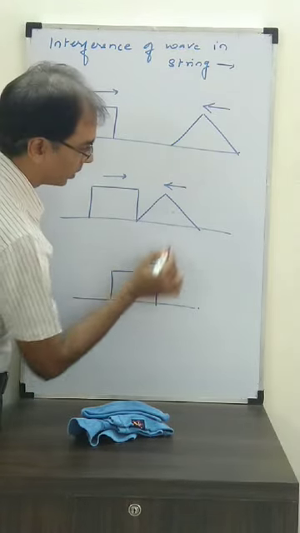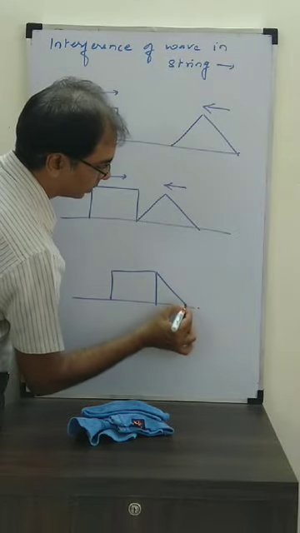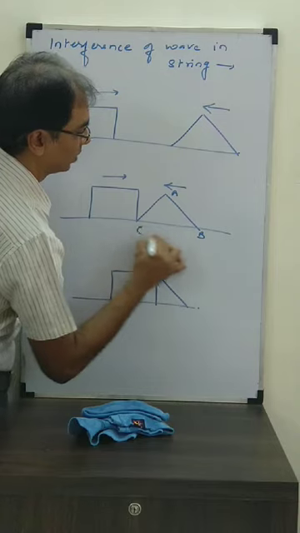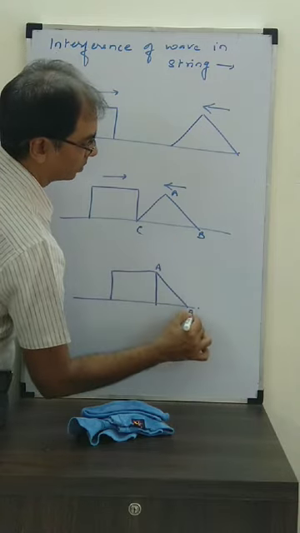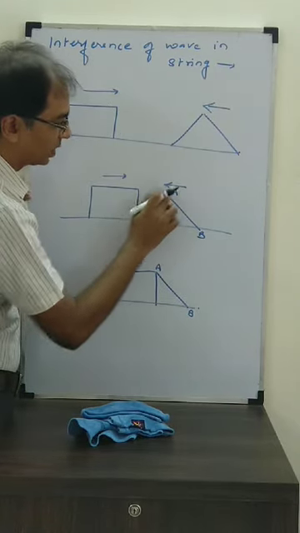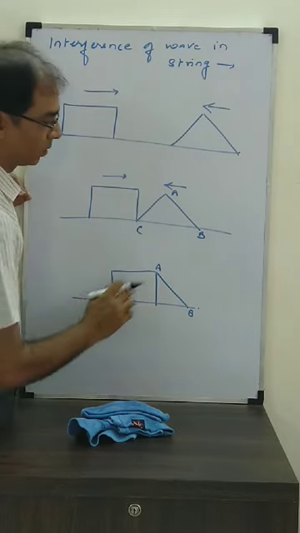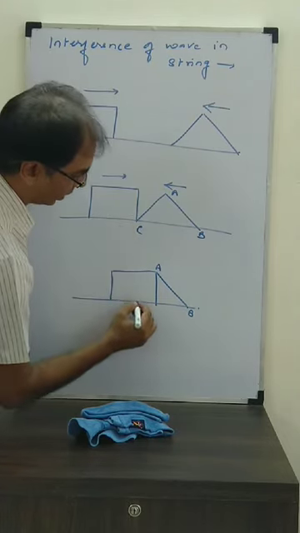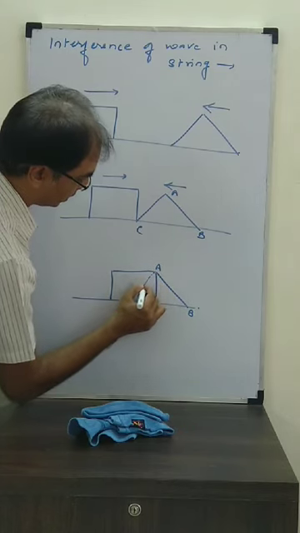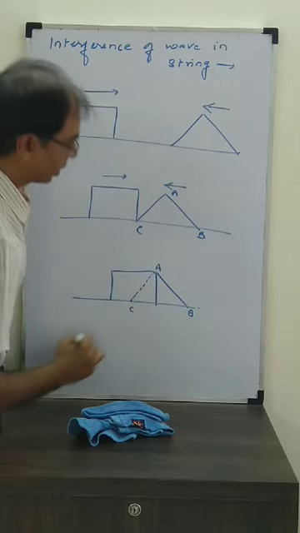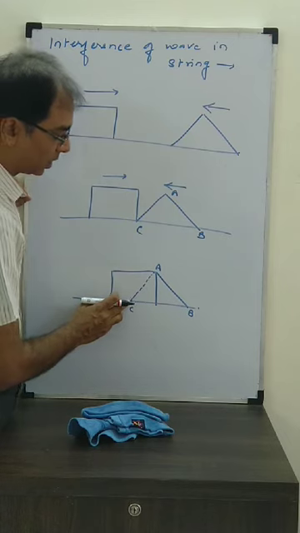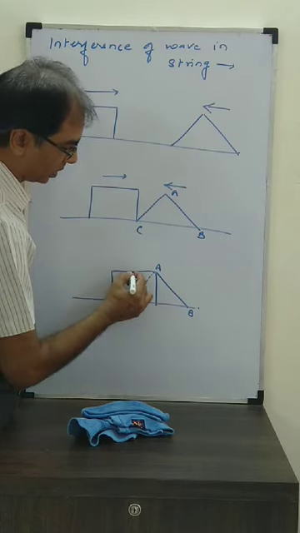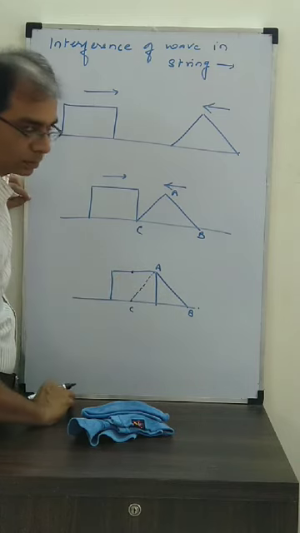Now suppose this one is like this. If I say this is A, this is B, this is C. So A reached over here. Now where is this AC? C will be somewhere here actually, if I make it somewhere like this. Okay, so here its displacement is 0, its displacement is A. So that means the resultant will be here.